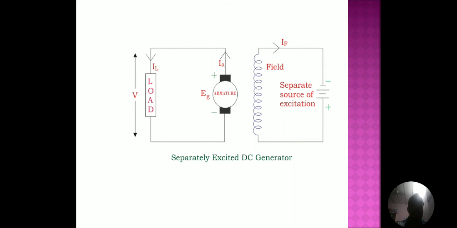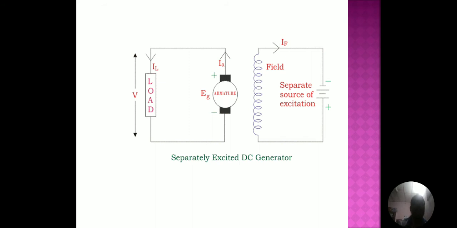The current in the field winding is IF, which is nothing but the field current. The EMF generated in the armature is given as EG, and the current flowing from the armature is IA, and the current in the load is indicated as IL.